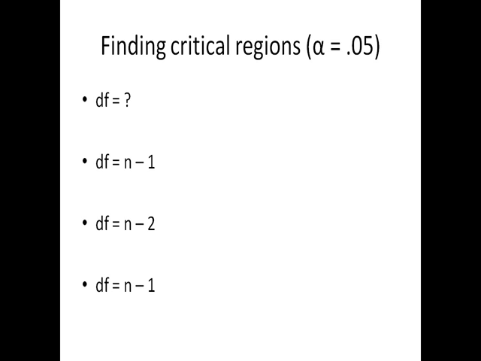This is where we have two groups of subjects in the experiment. Now, if there are two groups of subjects, then for the related measures t statistic, we would use degrees of freedom equal to total n minus 2. So we subtract 1 from the number of participants for each group that we're comparing.